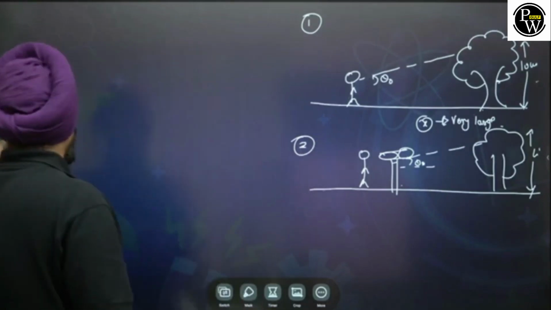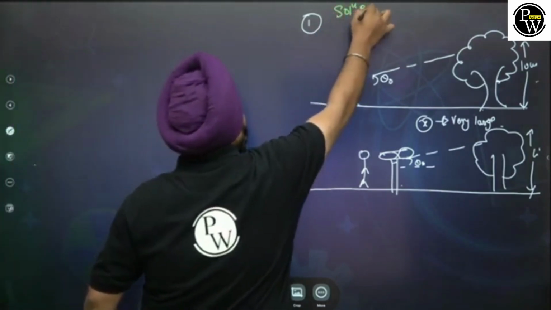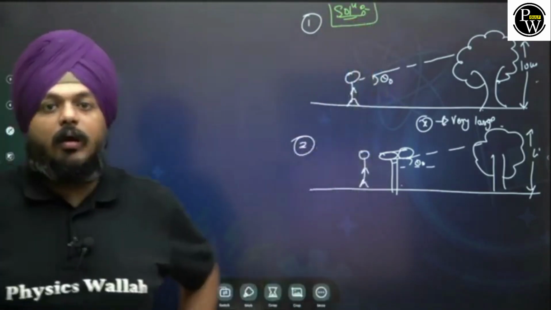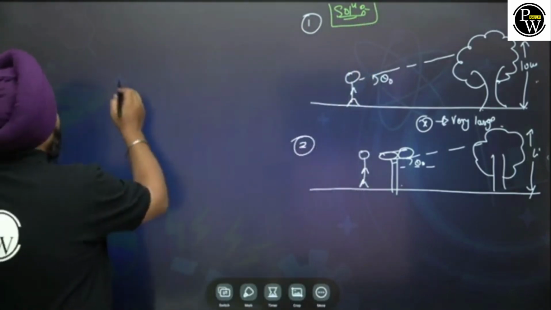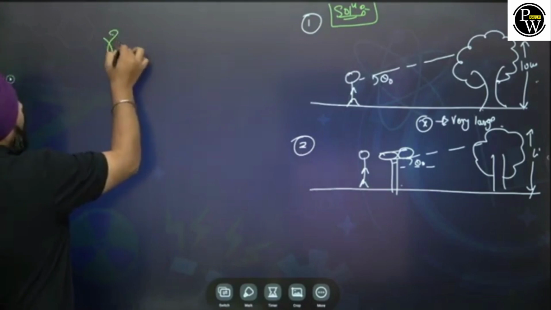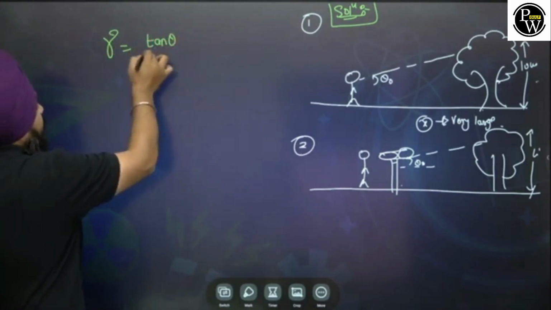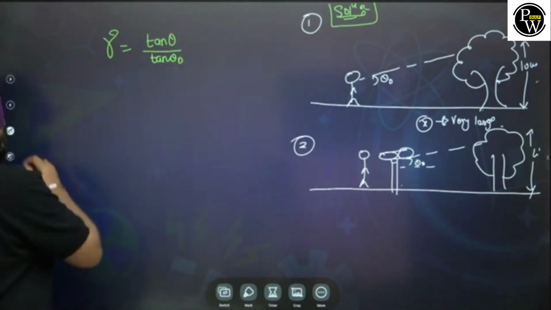On the basis of that, according to the definition of the magnifying power, it is the vision angle with the instrument, theta, over the angle without the instrument, theta 0.